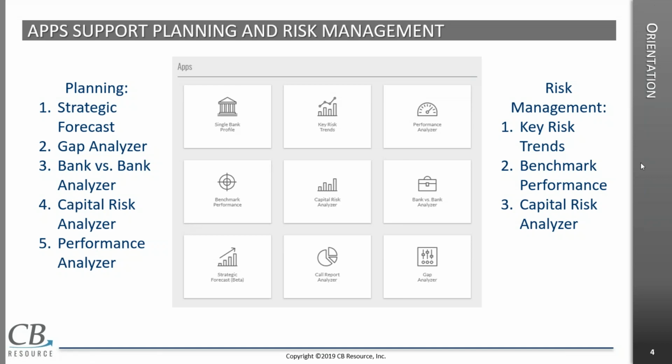From a risk management standpoint, all of these apps are useful, but I would say both key risk trends and performance benchmarks are similar. If you're doing tracking and reporting from an ERM perspective, or just from a risk management perspective, and you want a deeper dive from a comparative analysis standpoint, it breaks it down by credit risk, interest rate risk, liquidity risk, price risk, and strategic risk, and we have over 140 KRIs that you can do comparative analysis with.